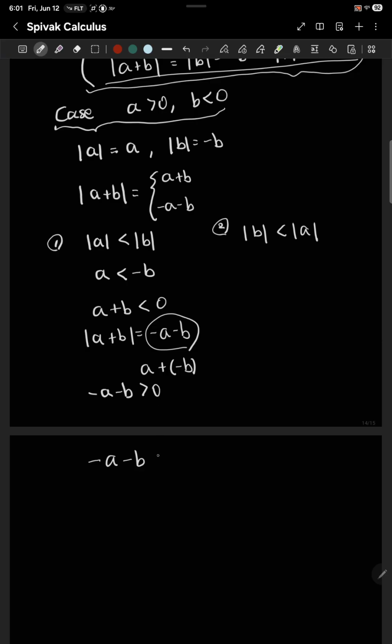It's P. And then by closure, we can say that A plus minus B is greater than 0, right?